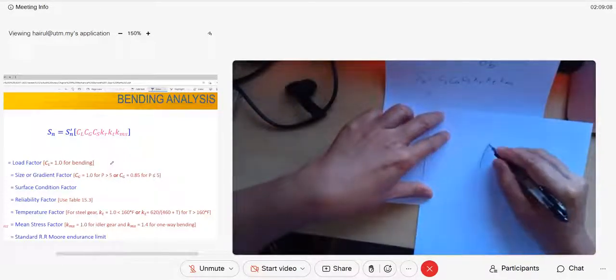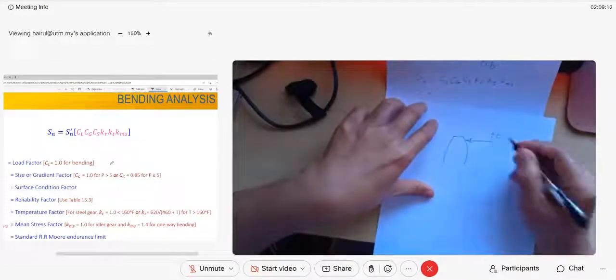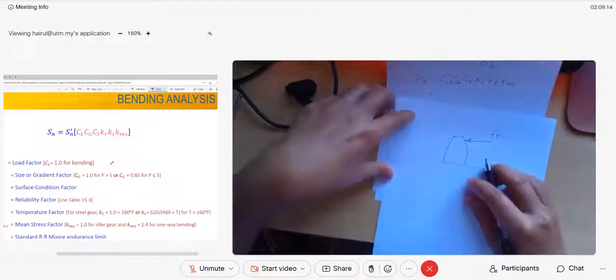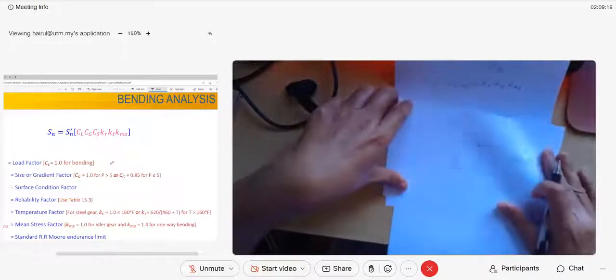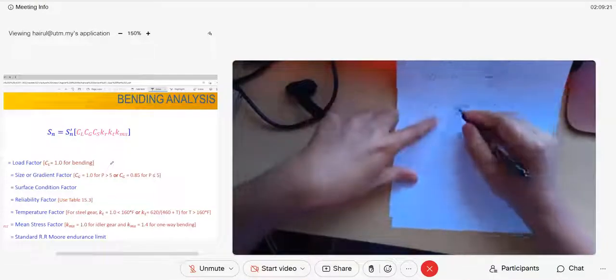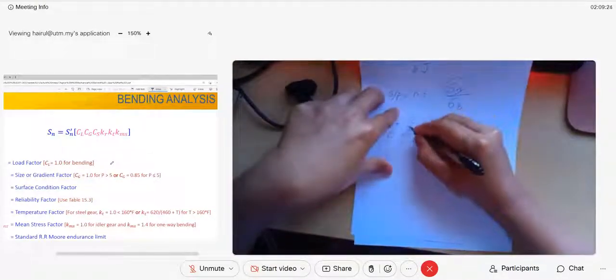But for gears, the one that we calculate is bending stress. The tangential force is always a bending load, so always bending stress.